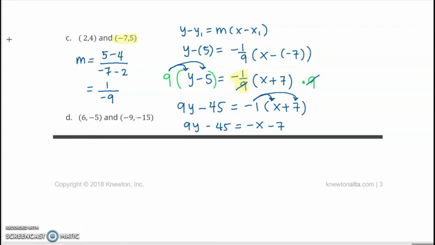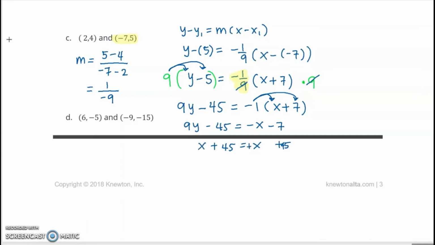Then to write this in standard form, we will add both sides by 45 and also add both sides by x. So this one cancels out. So I will also have to add x here.